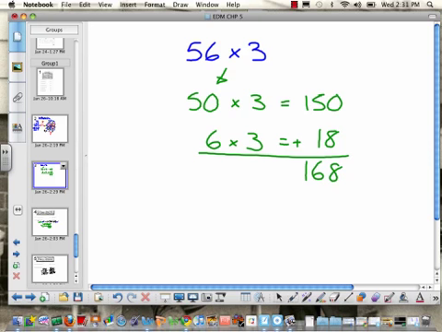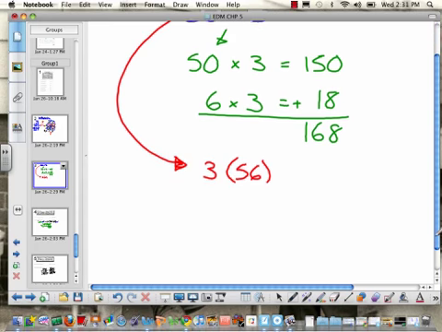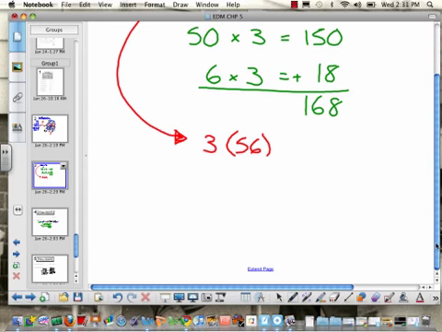Now, why I like this, again, because it's a lot more intuitive, it's using a lot more number sense, but even more importantly, as they go forward in their mathematics, okay, this problem, when I taught 7th grade, would have looked like this: 3 times 56. Okay, and we would recognize that this can now be written using the distributive property.